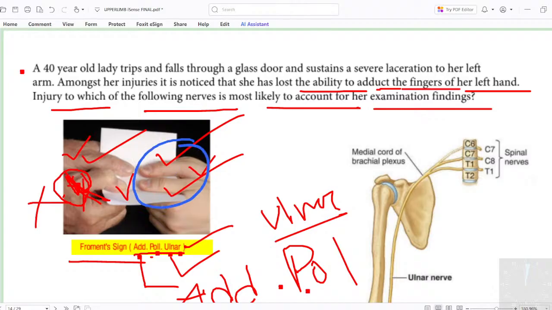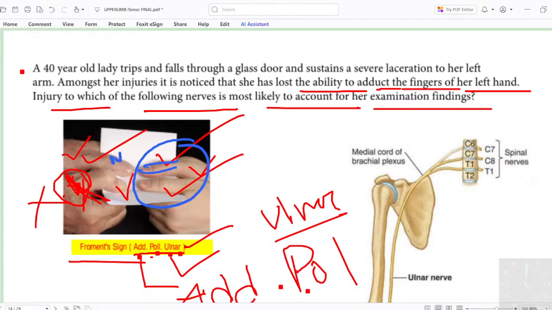Suppose this is Dr. Sanjita, and this is the patient who came with an RTA, and you suspect some injury, maybe a median nerve injury or ulnar nerve injury. You don't know. Nerve injury we cannot detect from any investigation except a nerve conduction test, right? But initially, how will you differentiate by clinical examination? Just tell the patient, hold this paper, and the patient will hold it in the same pattern.